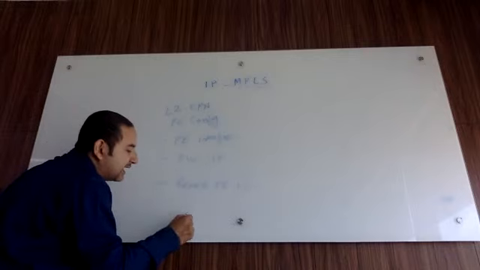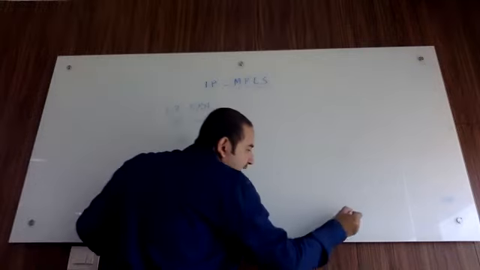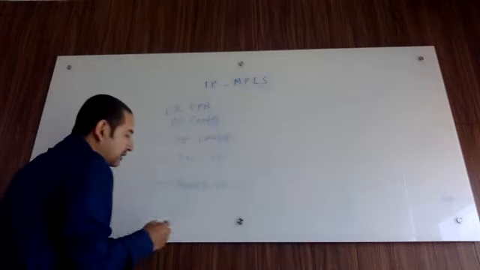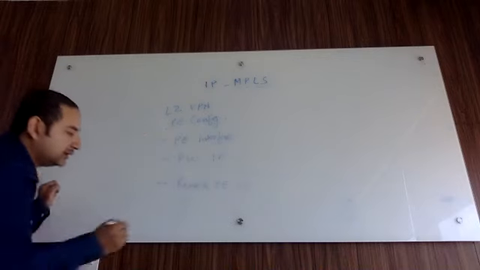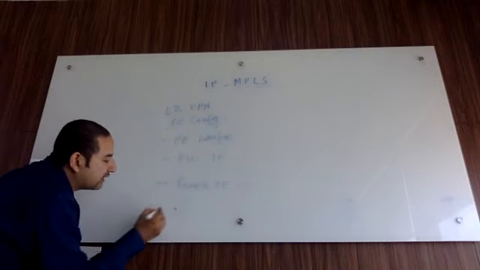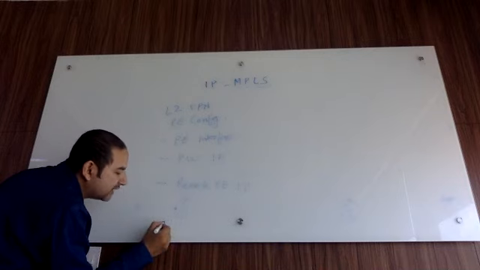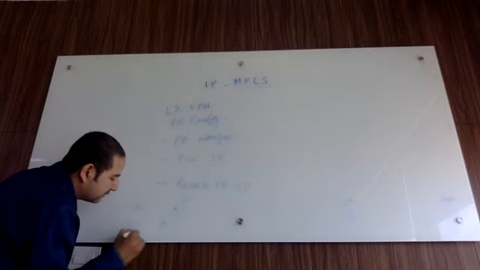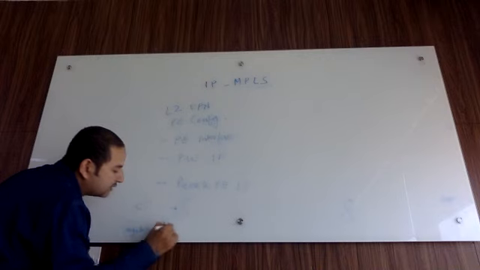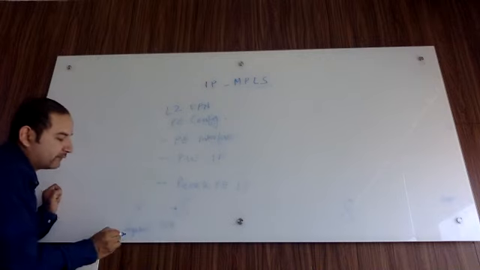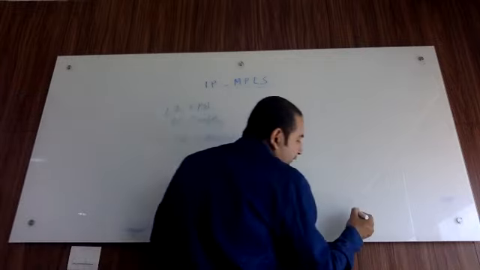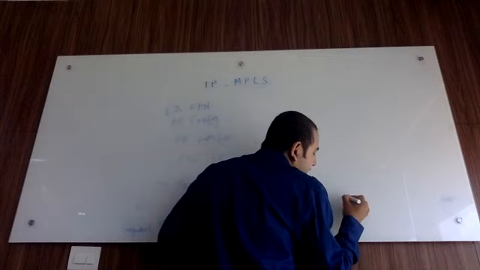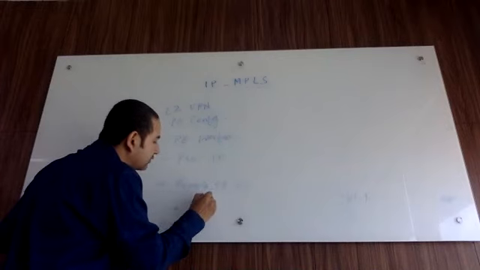So if there is a PE here and a PE here, and you want to create an L2 VPN between these 2 PEs, then you need these 3 things. Which is the interface where my customer is connected. So if the interface is gigabit 0/0, you need this. You need the IP of the remote router. Suppose this router has an IP of 1.1.1.1 and this router has an IP of 2.2.2.2.